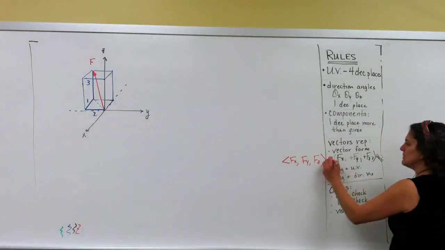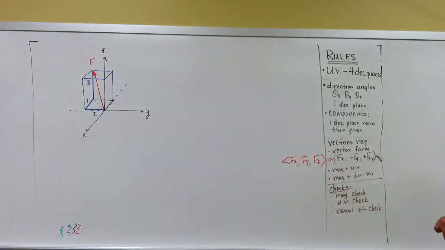Either one is fine. And then magnitude and unit vector, and magnitude and direction angle. So those are the 3 ways to represent vectors.